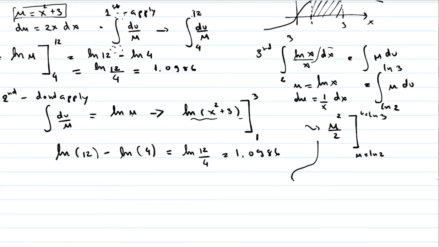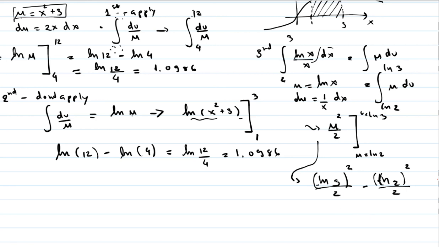And if you continue down, you just have to replace u by the upper limit. So you're going to have natural log of 3 squared divided by 2 minus natural log of 2 divided by 2, and this here is squared.